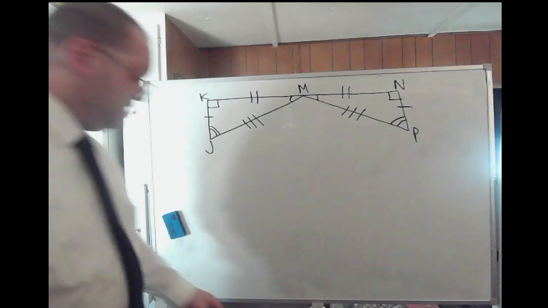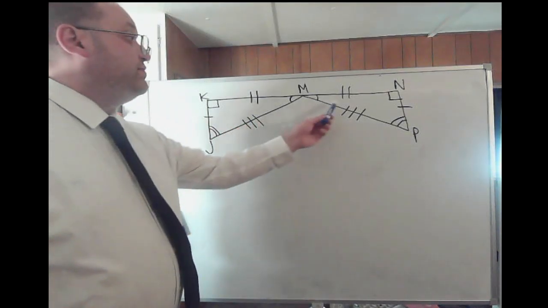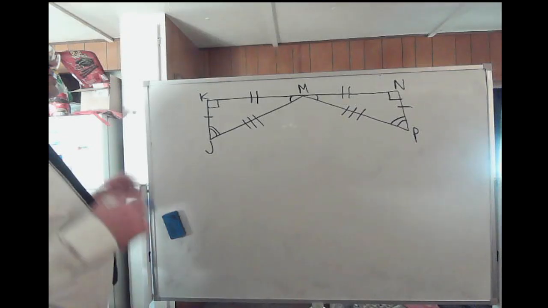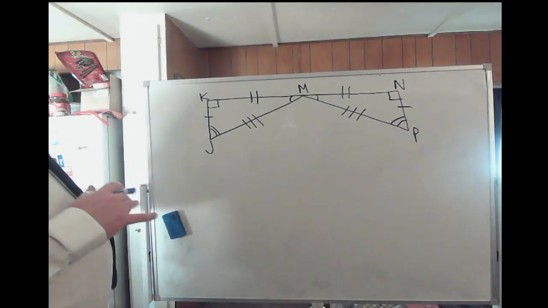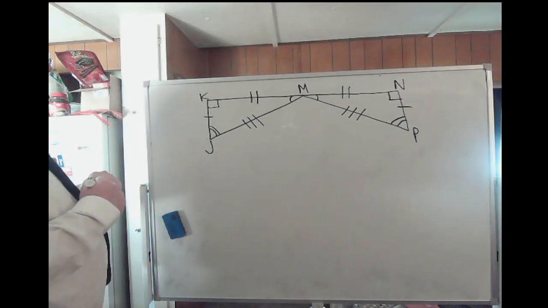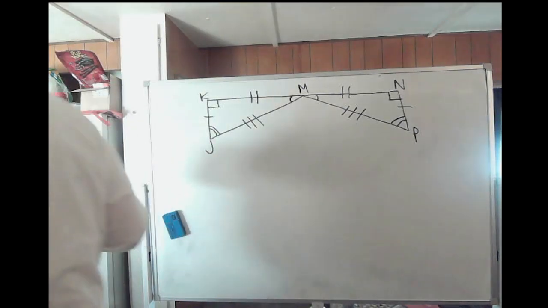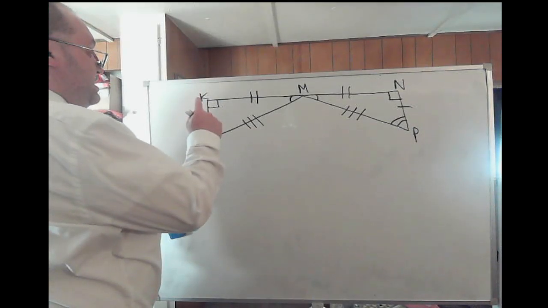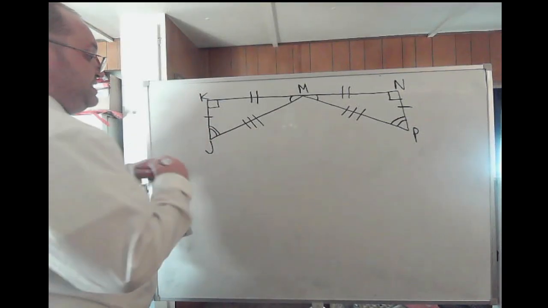So, both of these triangles that are formed, where they both meet at M, they're both congruent triangles. So, we need to figure out which sides. Let's start with which sides are congruent to which. You have side KJ with 1 tick mark.